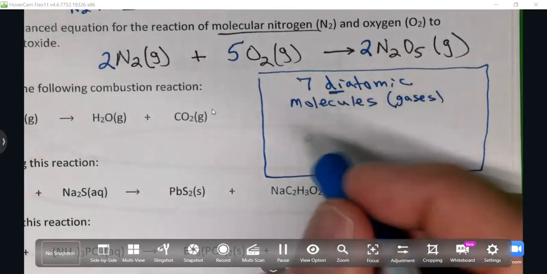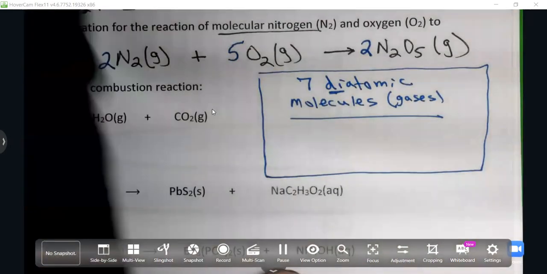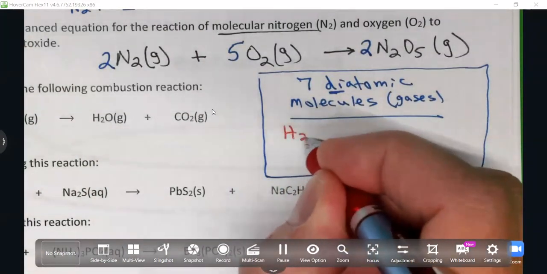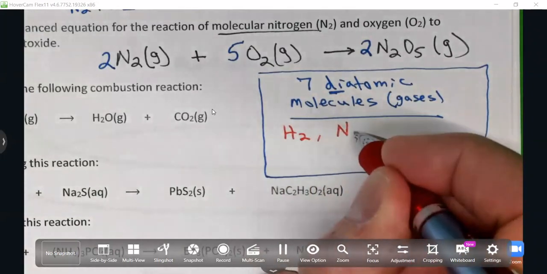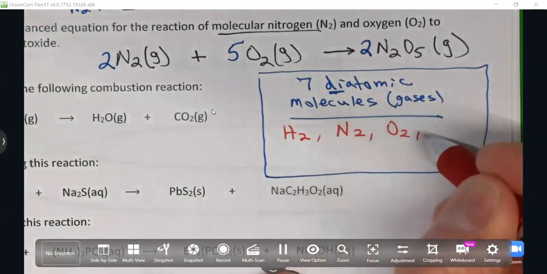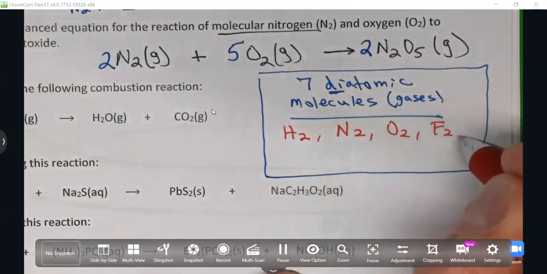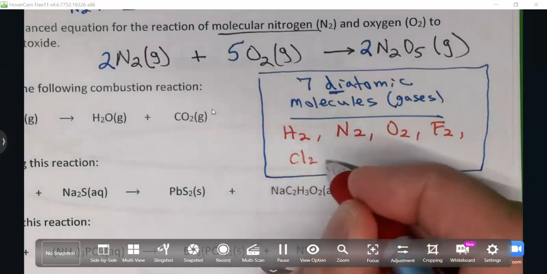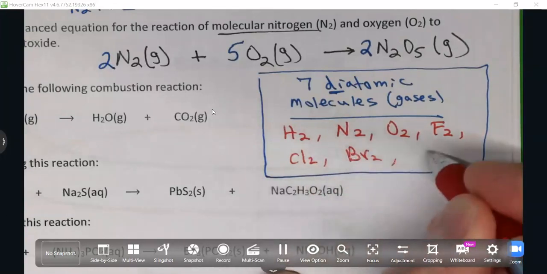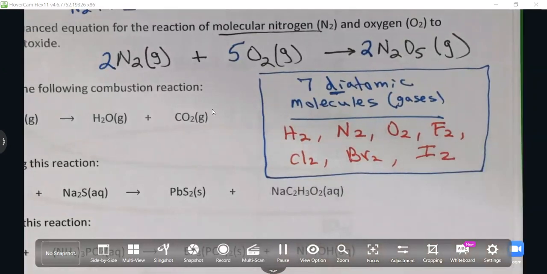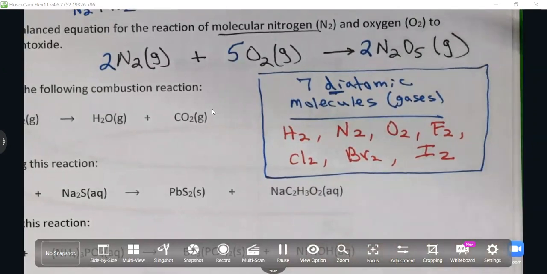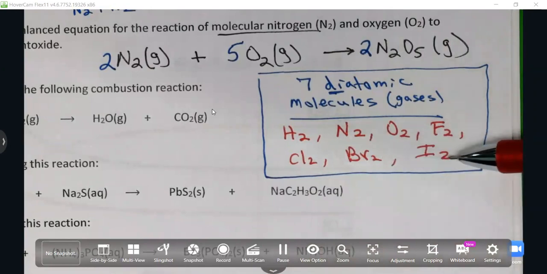And di meaning 2, so they are hydrogen gas, nitrogen, oxygen, fluorine, chlorine, bromine, and iodine. So you will see these written by themselves with a 2 as diatomic molecules.